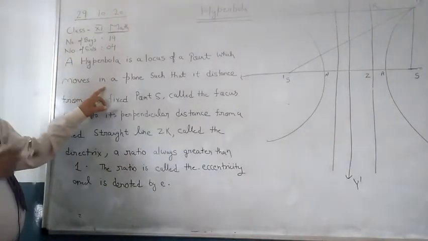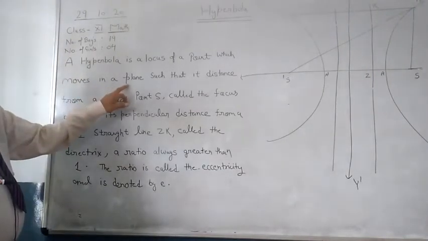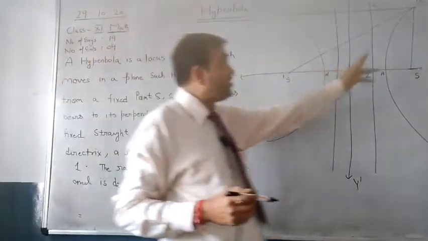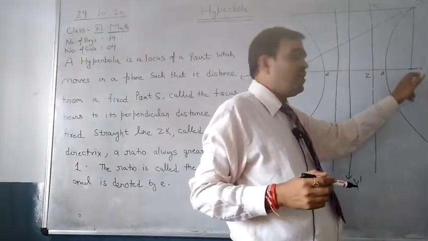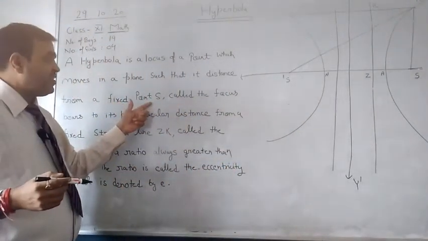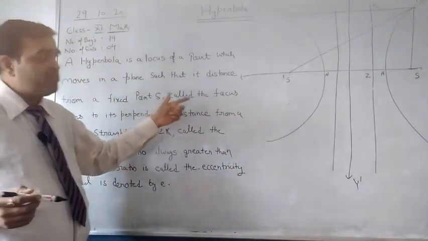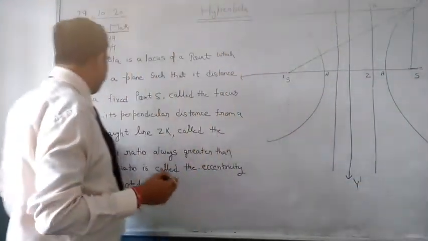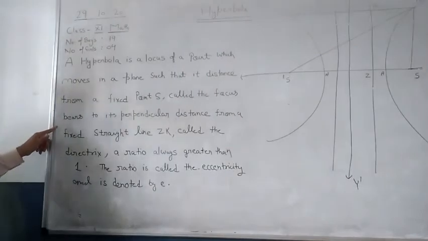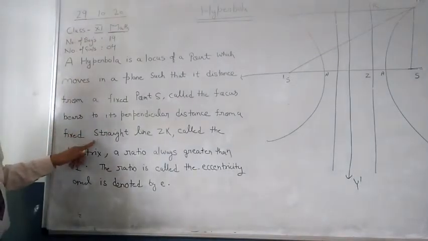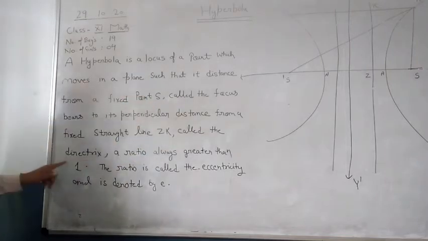This is a moving point in a plane such that its distance from a fixed point S is called the focus, and its perpendicular distance from a straight line ZK is called the directrix.